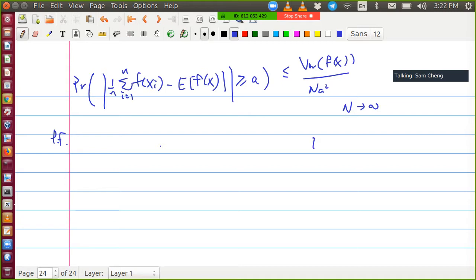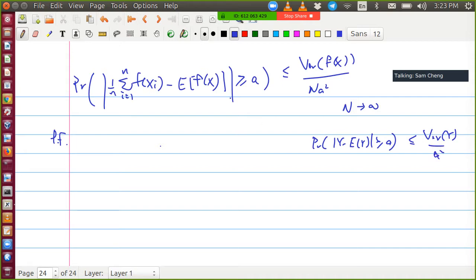And remember the Chebyshev inequality: the probability that y minus expectation of y is bigger than or equal to a is less than the variance of y over a squared. You already see the form is quite similar.